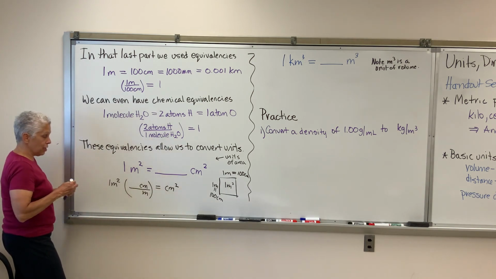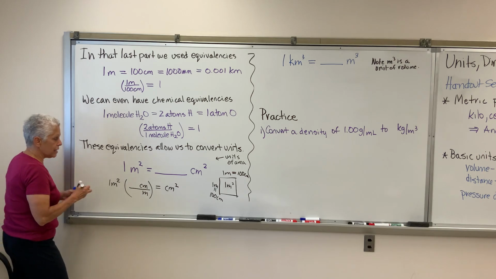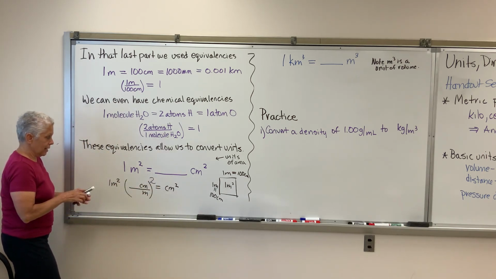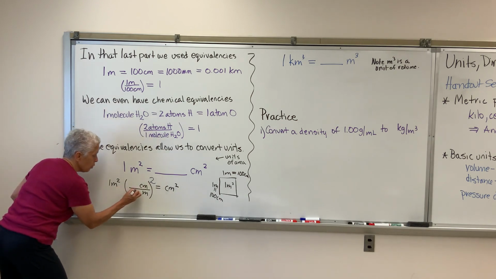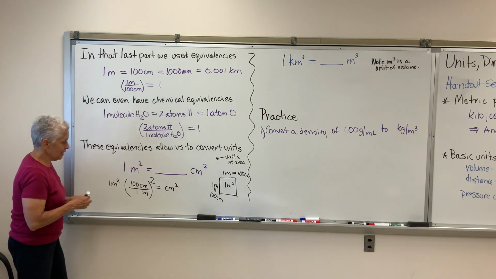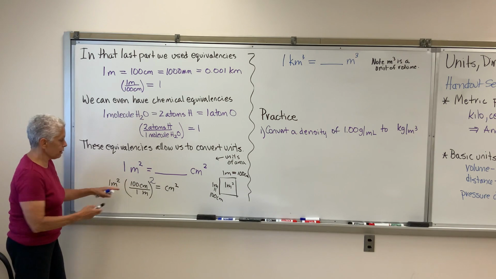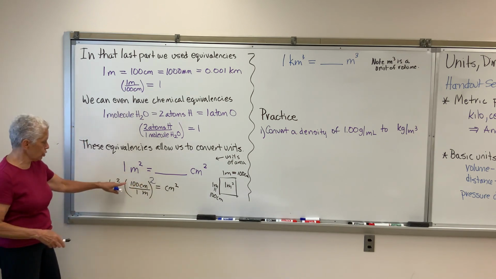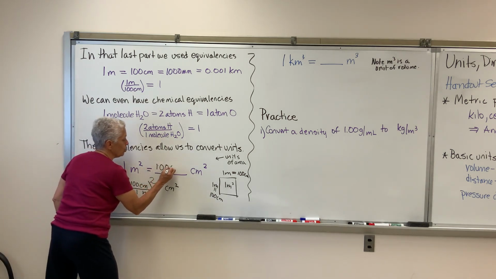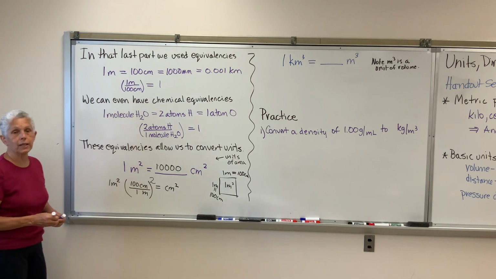That will cancel the units, but they are squared, so you've got to square the whole thing. Now the relationship is 1 meter, 100 centimeters. Again, I agree that's correct, but it's the whole thing squared. So you have to square the 100. So this is then 1, 2, 3, 4, okay?